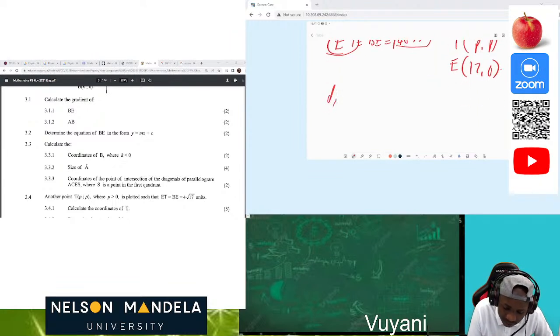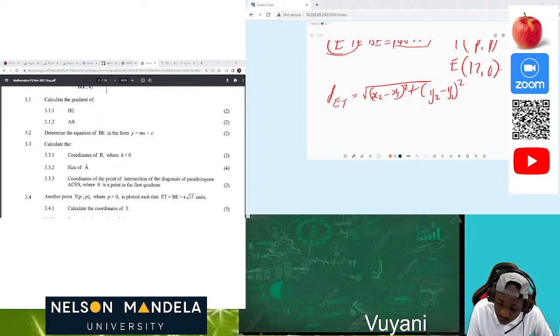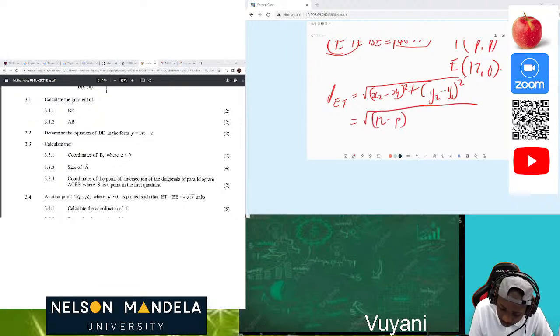The distance of line ET, as always, is the square root of (x2 minus x1) all squared plus (y2 minus y1) all squared. Let's substitute that part. We will have the square root of (12 minus p) squared plus (0 minus p) all squared.